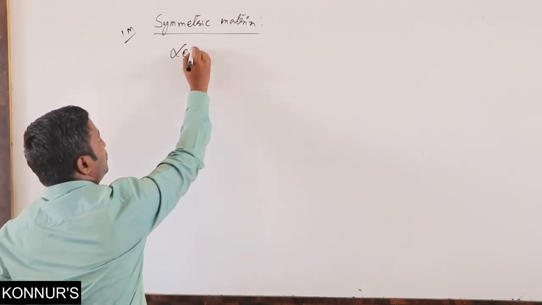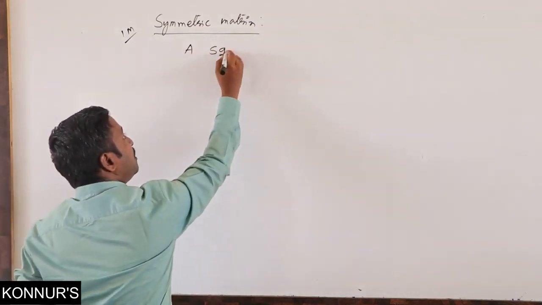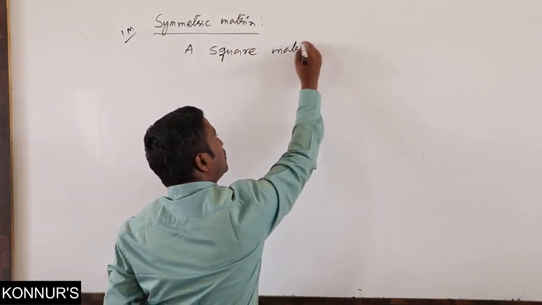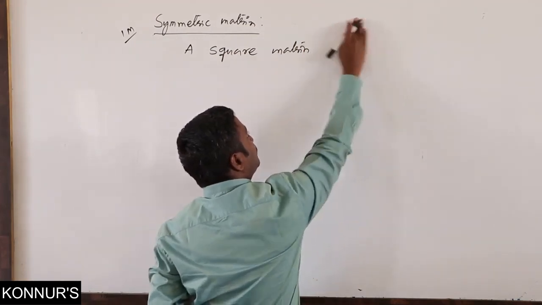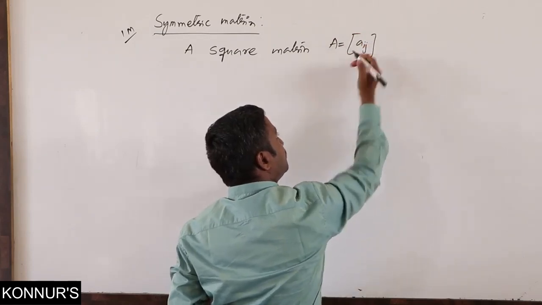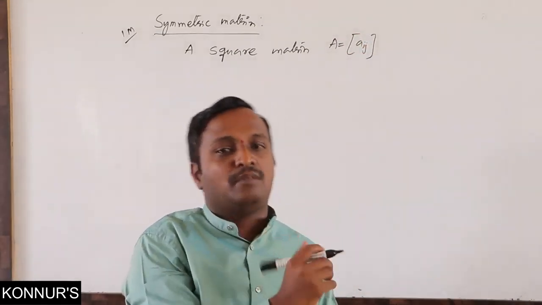I will write it. A square matrix. I am mentioning a square matrix A equal to Aij. A square matrix in the sense what? Number of rows is always equal to number of columns.